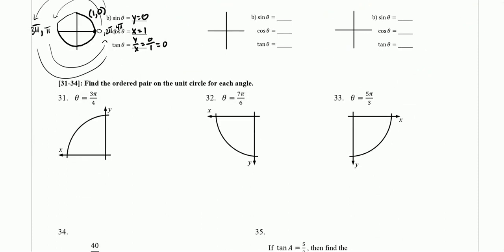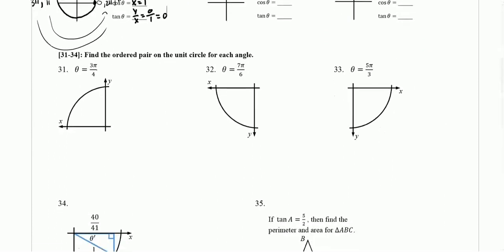Let's look at the next set of problems. 31 to 34, you're to find the ordered pair on the unit circle for each angle. So 3 pi over 4, if we think about where that is, here's 0, here's pi, which is 4 pi over 4.